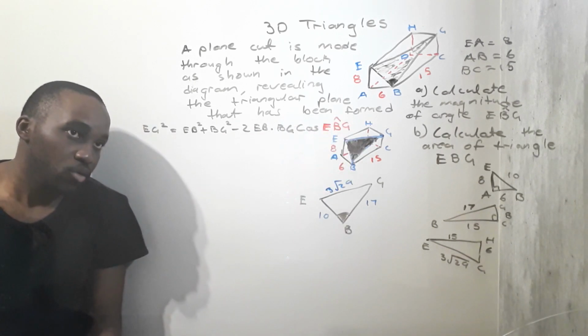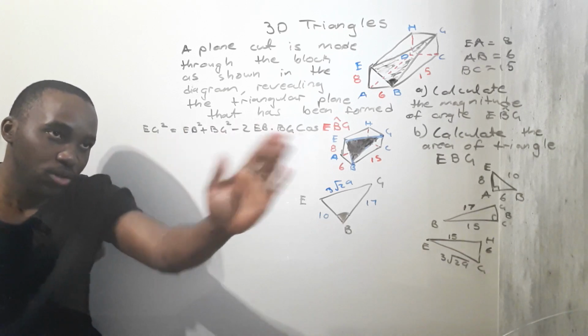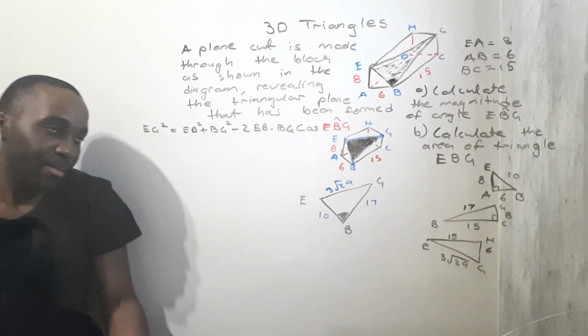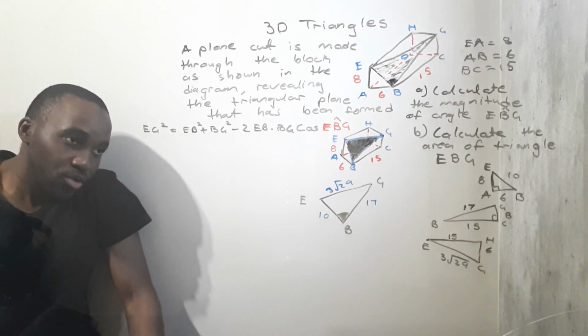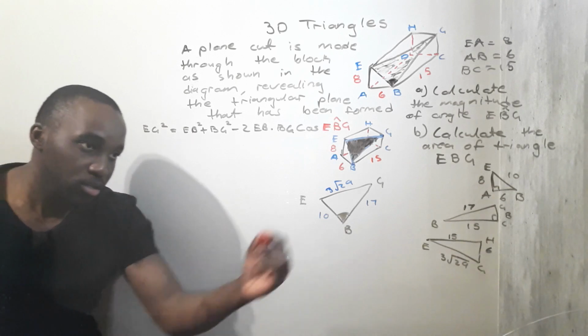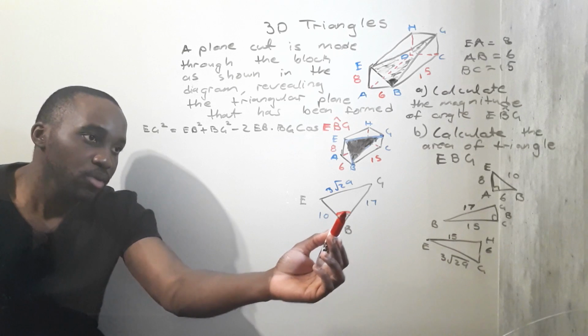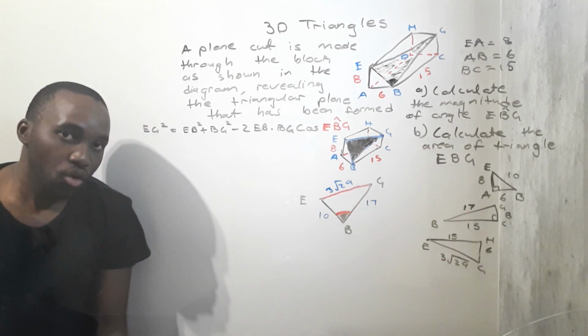So this is what our cosine rule is going to look like. Now you may be asking yourself, how do we know that this is what our cosine rule should be mapped out as? So for you to be able to use your cosine rule, the one thing you want to look out for is, what angle are you dealing with? And then whatever angle you're dealing with, you want to identify what is its opposite side.